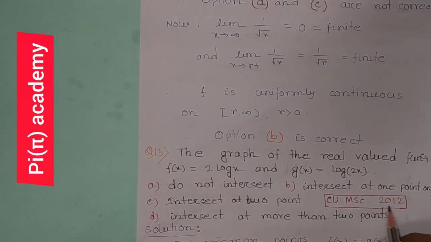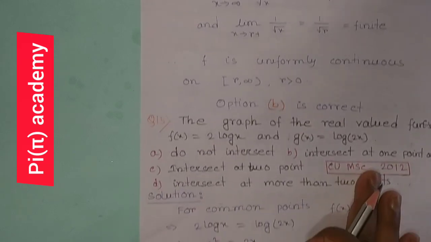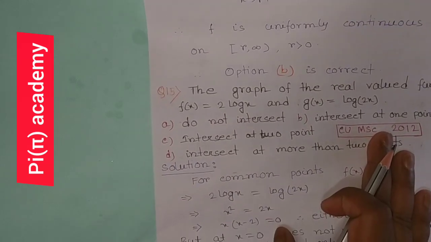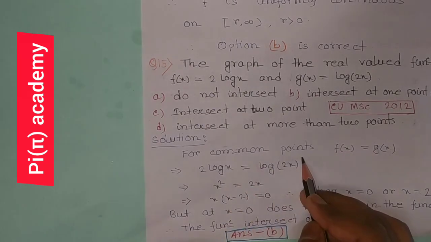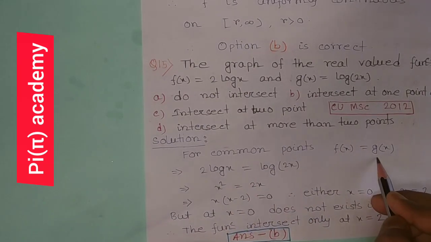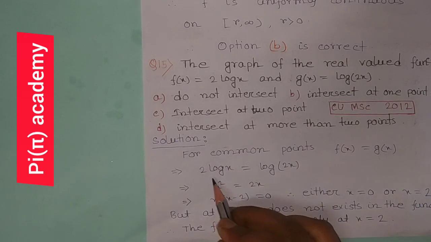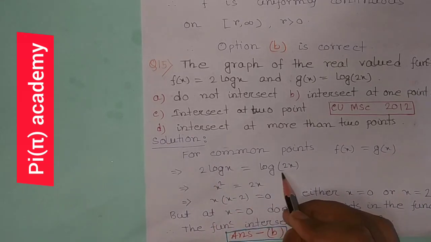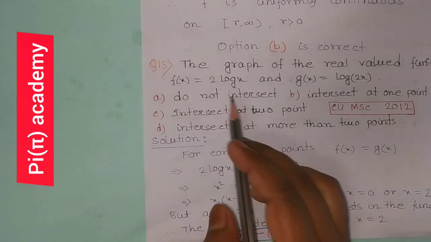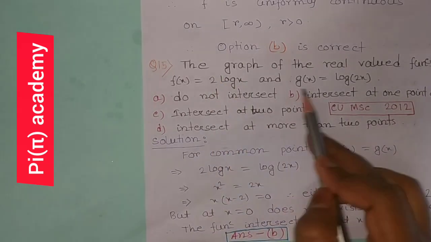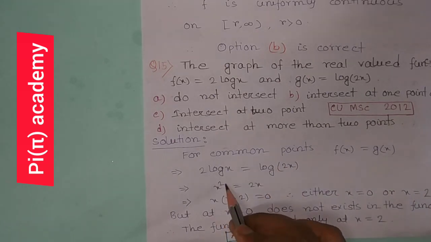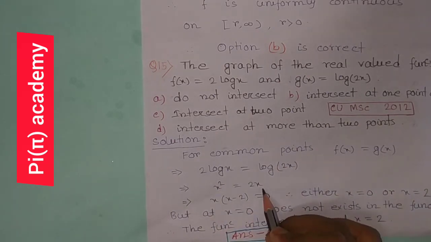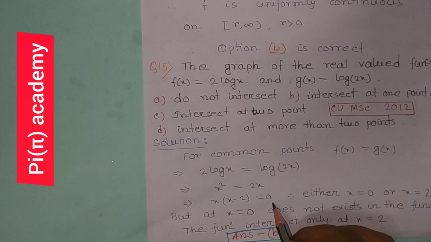CUMSC 2012. Solution. For common points f(x) equals g(x), this implies 2 into log x equals log 2x, because given that f(x) equals 2 log x and g(x) equals log 2x, therefore x square equals 2x, and this is x into (x minus 2) equals 0.